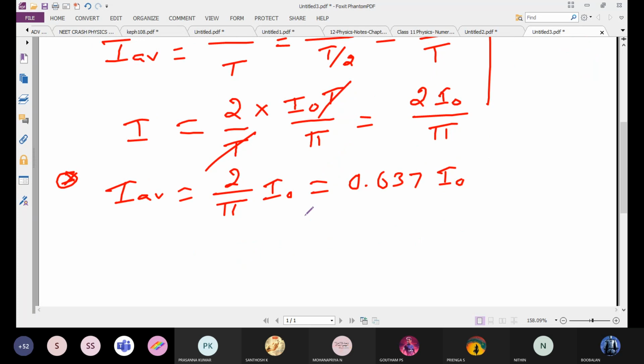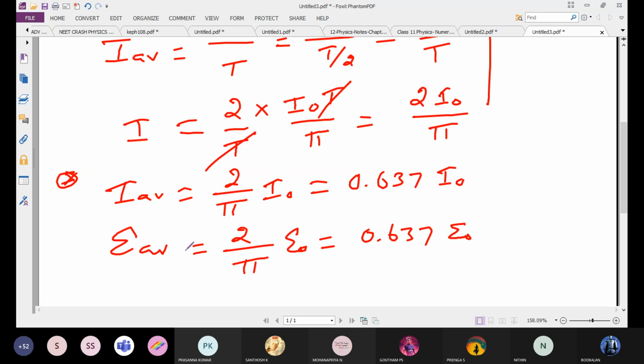So like that E average also, for voltage also. EMF also, EMF voltage. So EMF, you can remember. E average is equal to 2 by pi E naught. So you will get 0.637 E naught. Please take a note.